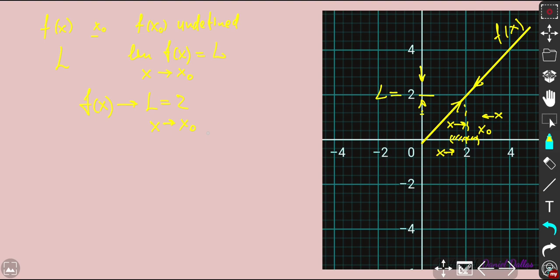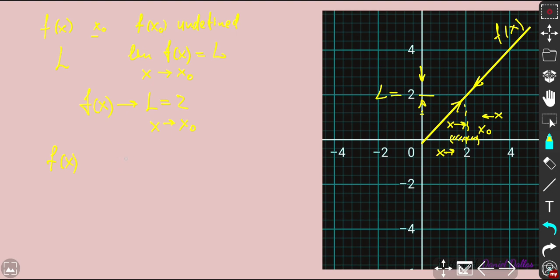Okay, so this idea is pretty straightforward, and from here we can come to a more formal definition. Let's say your function f(x) is again defined on an open interval about x0, except for x0 itself.